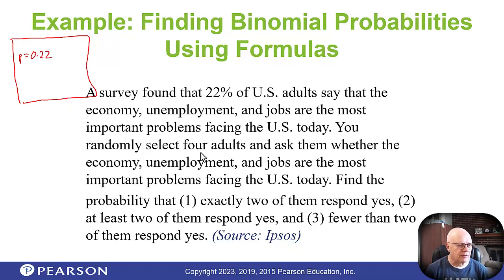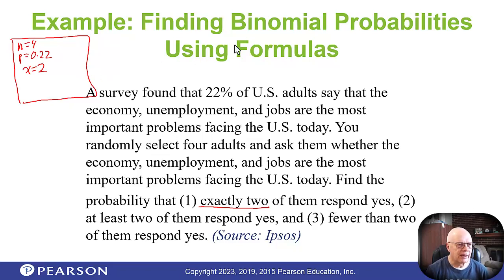You randomly select 4 adults. That would be n. So n equals 4. And what are we interested in? We want the probability exactly 2 to respond yes. So the x is going to be 2.